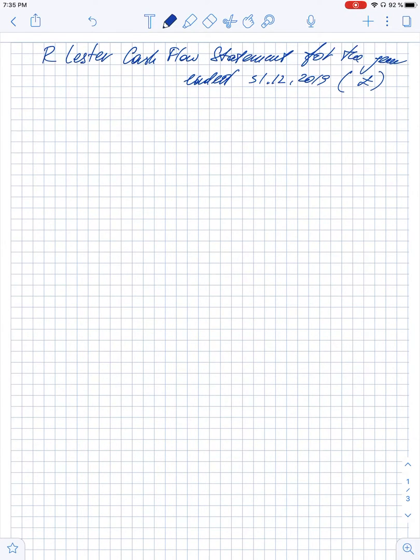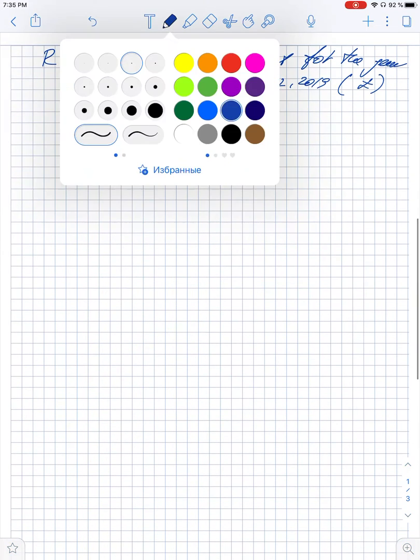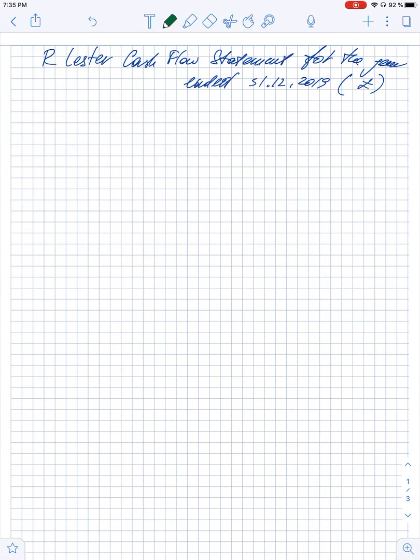The first line of cash flow is always profit, and here we are given net profit only. But what is net profit? Let me remind you. Our profit and loss statement could be presented like this: sales or revenue less cost of sales. The first profit which could be calculated is gross profit.